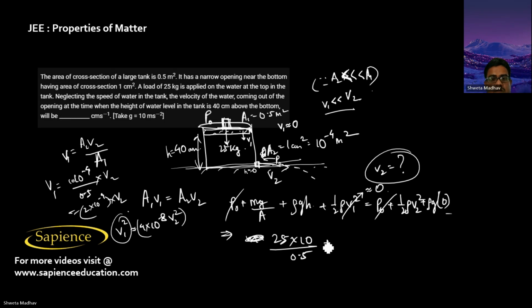Rho is the density of water, plus 10 power 3 into 10 into H, that is 40 centimeters, so 0.4, that is equal to half into rho 10 power 3 into V2 square.